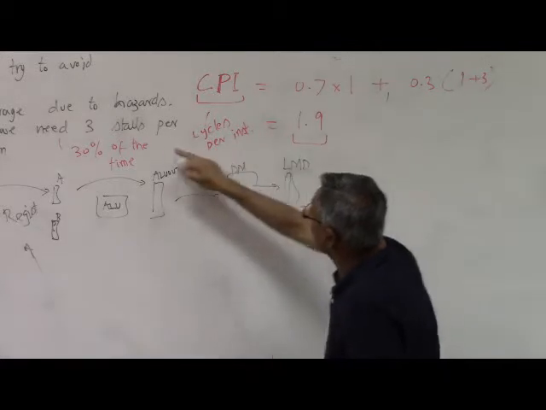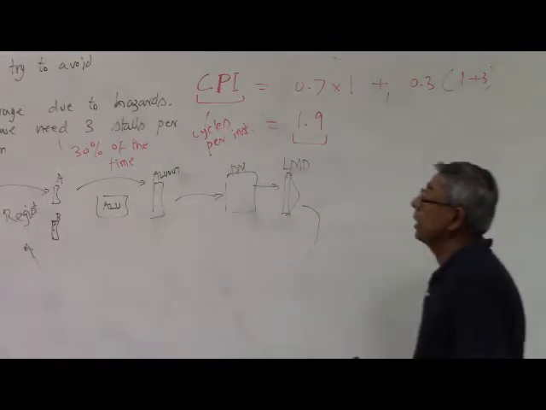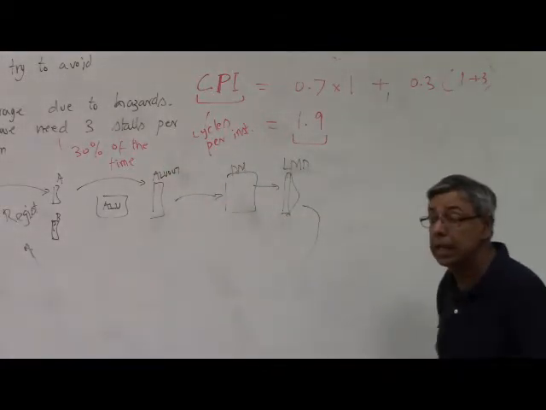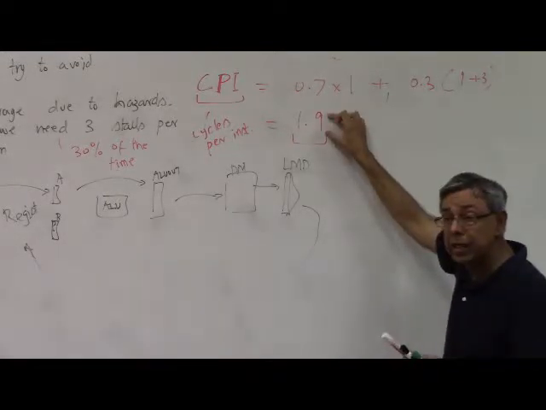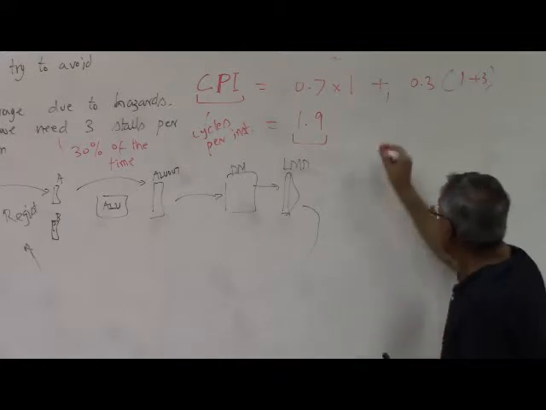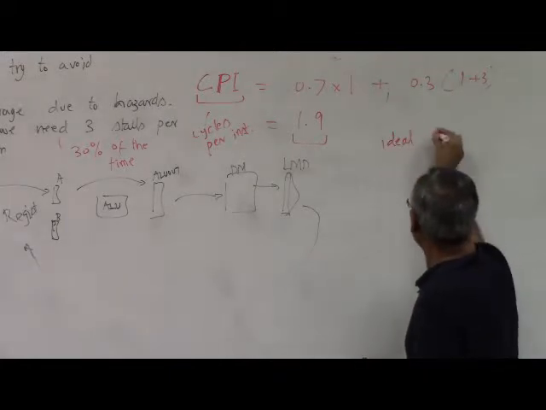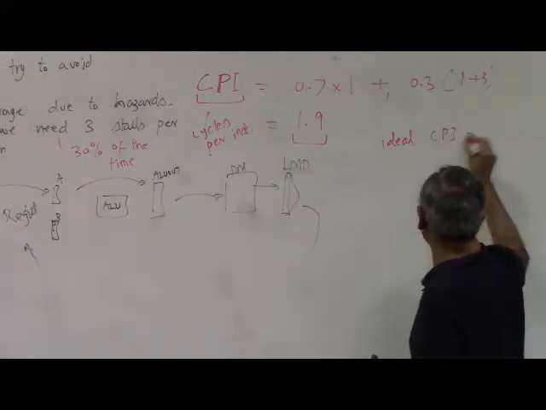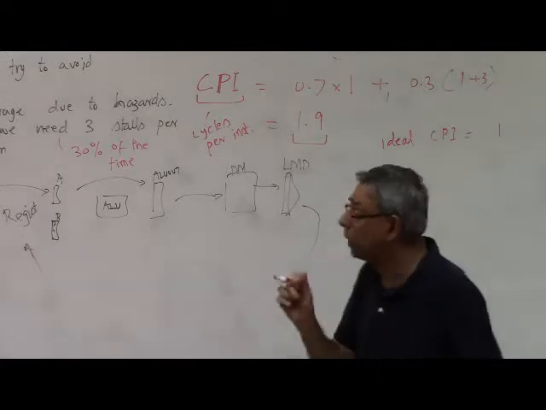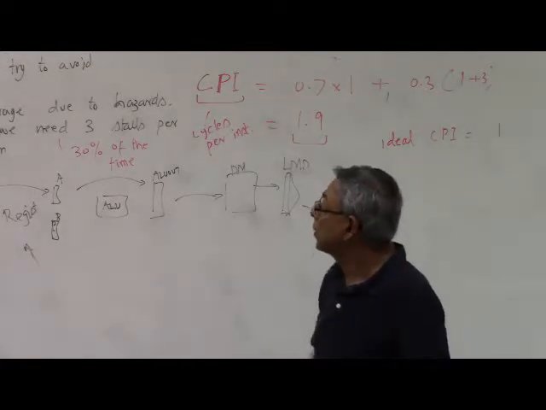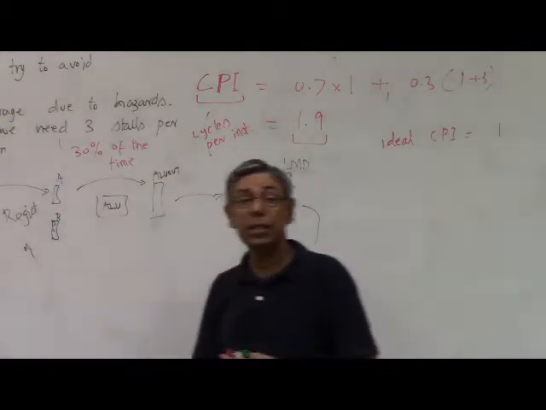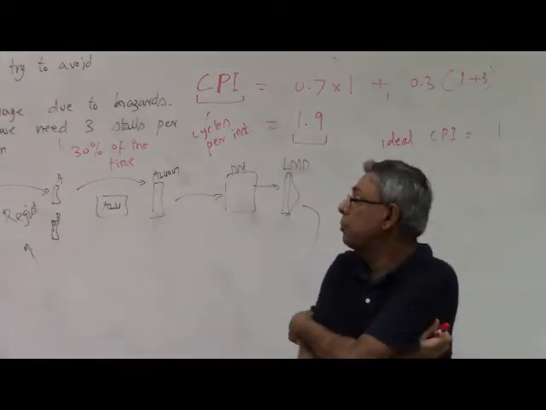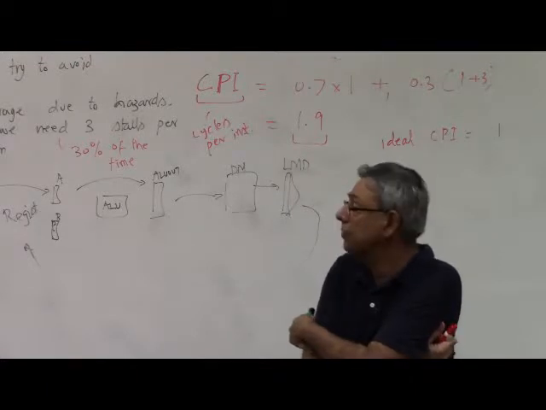So if 30% of the time we are wasting 3 cycles, you can see the performance reduces by 90%. Our ideal CPI, meaning ideally we want to finish 1 instruction in 1 clock cycle. So that's why it's very important to try to avoid hazards. And how do we avoid that? By providing more hardware, as you guys have seen.